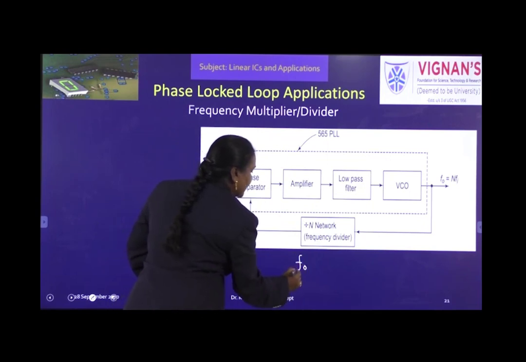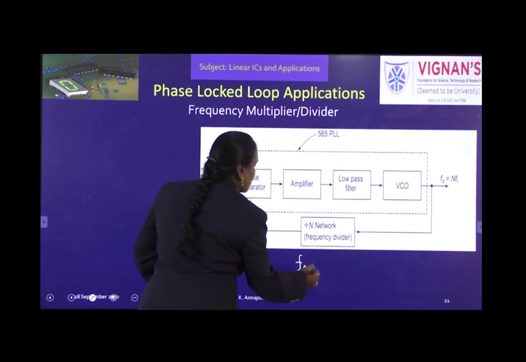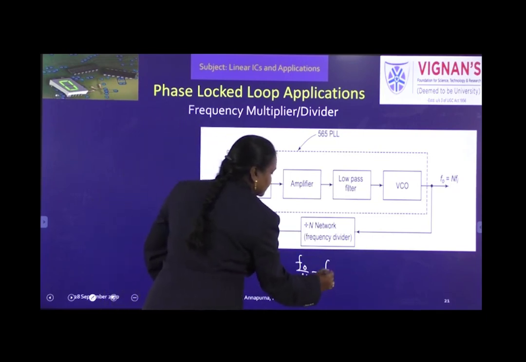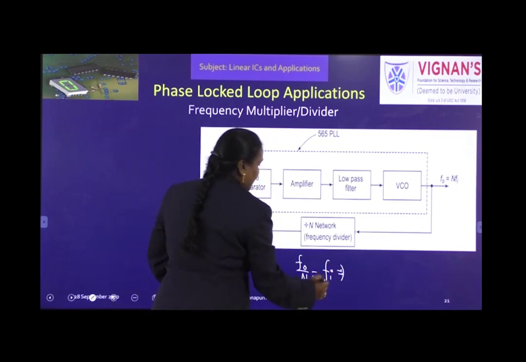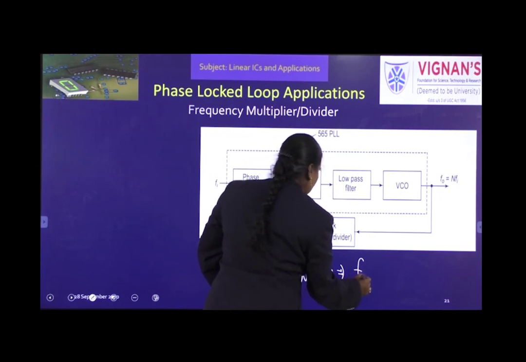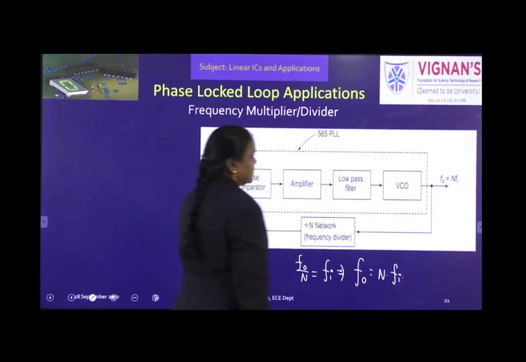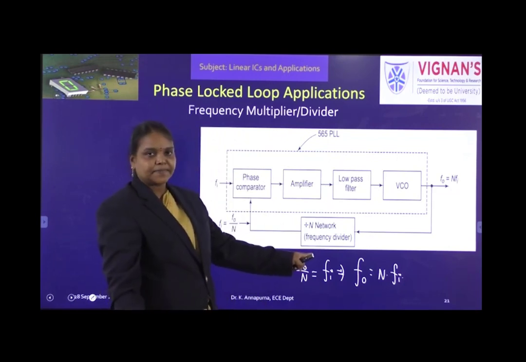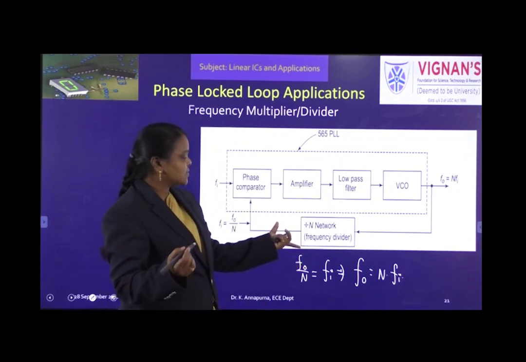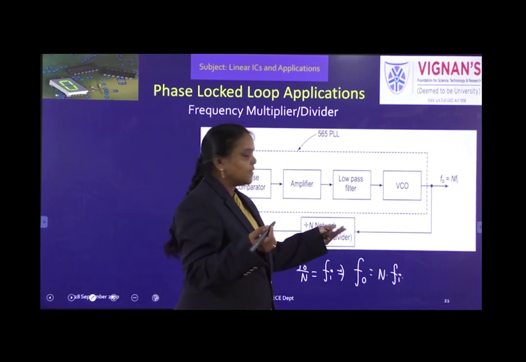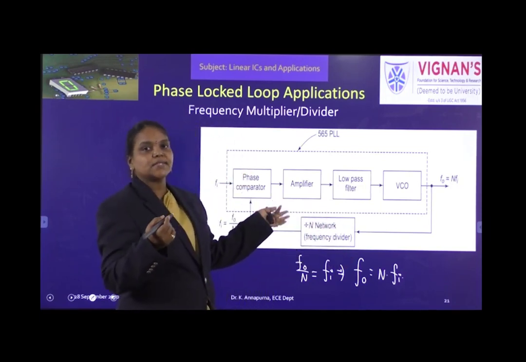So F0 by n, under lock condition, will be equal to Fi. So this implies F0 equals n times Fi. That is, it is a multiplier. Suppose the n value is less than 1, then it will act as a divider.